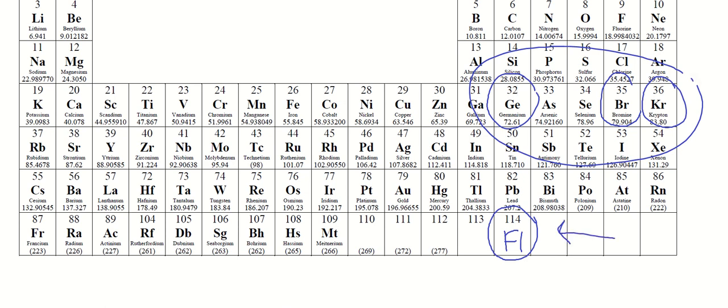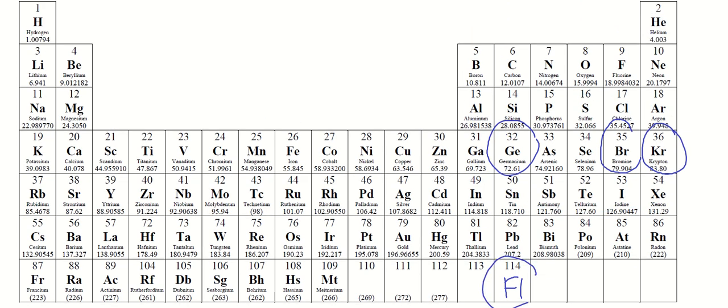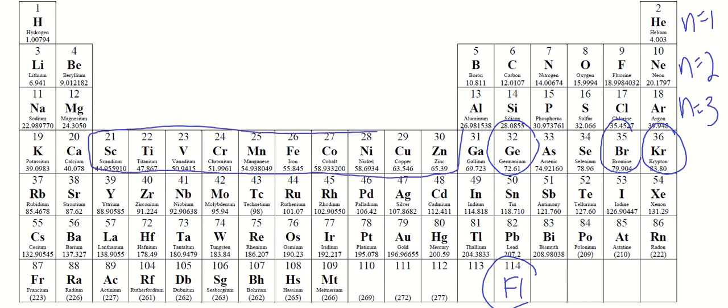We know Fl is going to be the biggest because it's all the way down. Let's take care of these three, which are in the same period. Because they're in the same period, they're going to have the same number of shells, or energy levels. Here's n equals 1, n equals 2, n equals 3, which kind of also goes over here. Those are your 3d blocks. And then these all end in n equals 4.